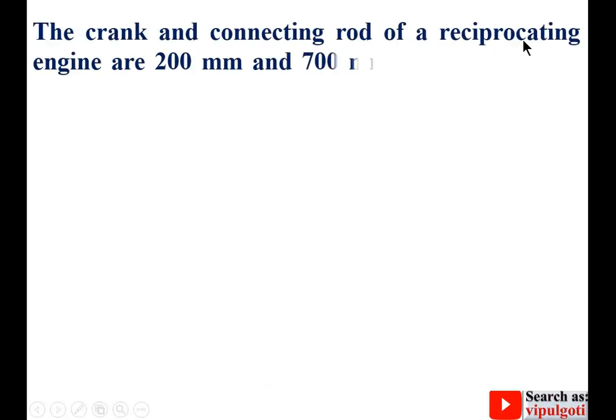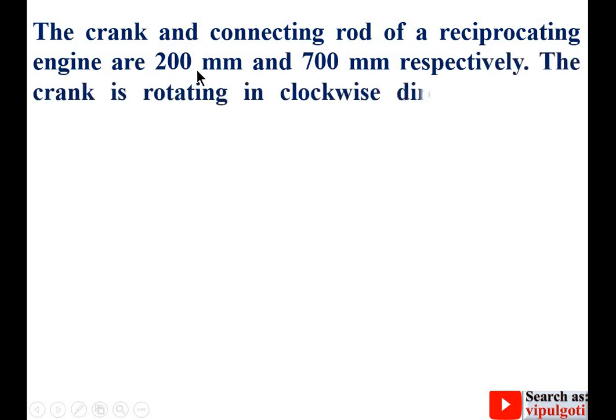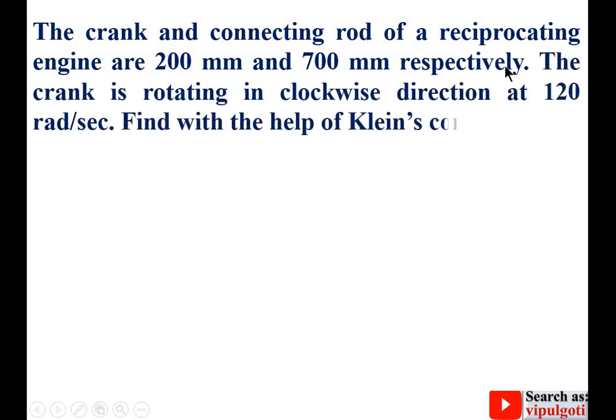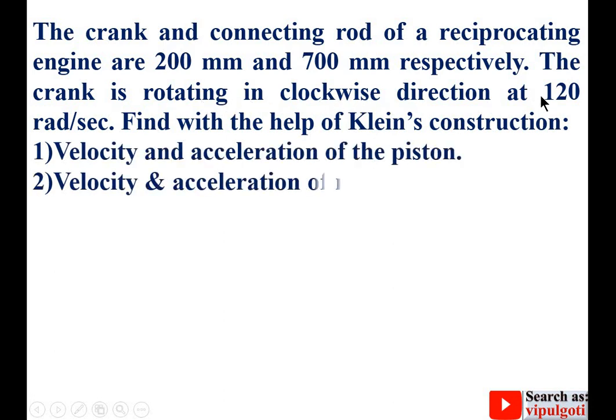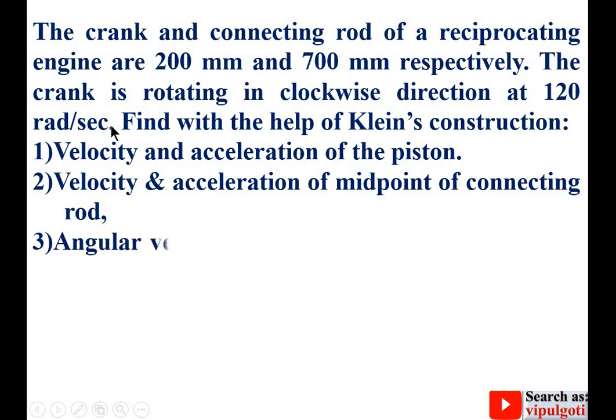Let's see the example. The crank and connecting rod of a reciprocating engine are 200 mm and 700 mm respectively. The crank is rotating in clockwise direction at 120 radian per second.